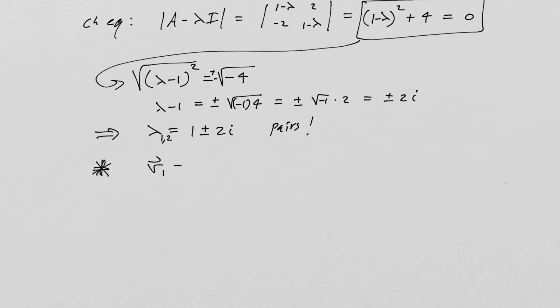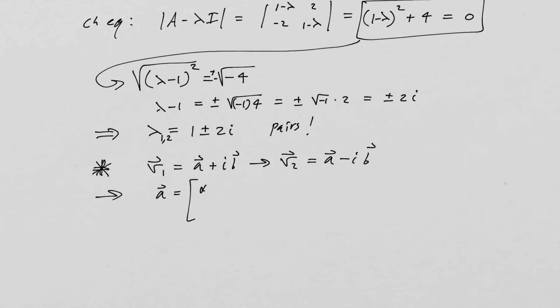So V1 will be a plus i b. Then it also implies that V2 will be the same a vector, minus i b. Okay, right.